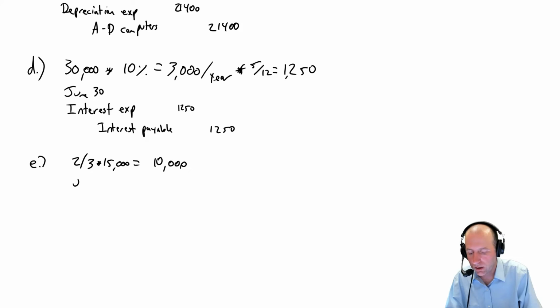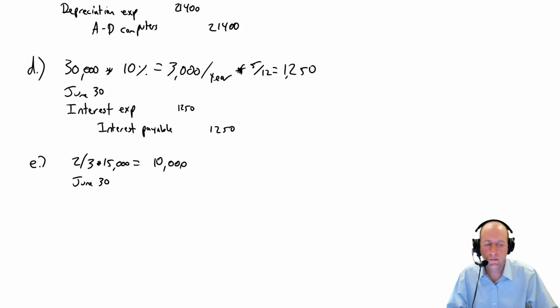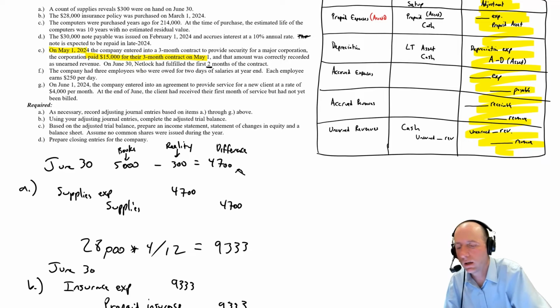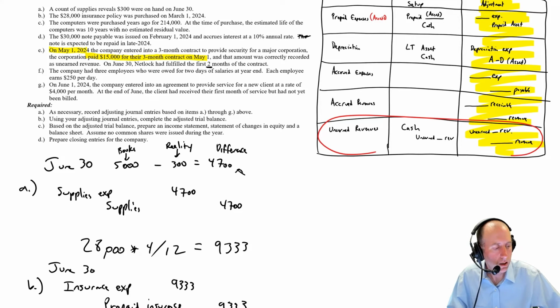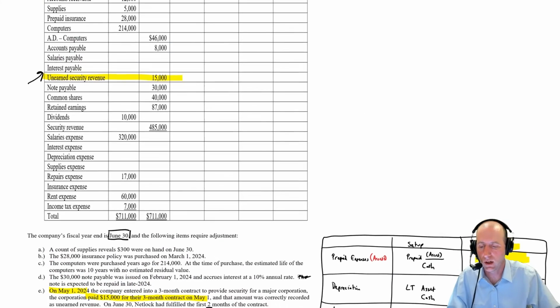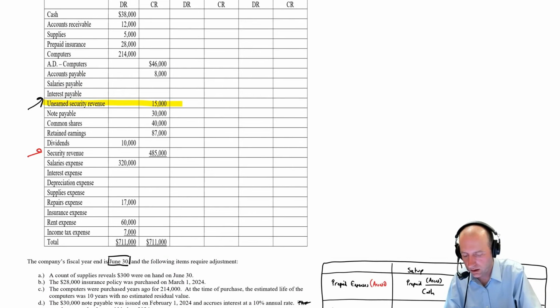So the journal entry for an unearned revenue, looking at our cheat sheet here, it's the bottom. Again, sometime in the past, we went debit cash, credit unearned security revenue. Now we debit unearned security revenue, and we credit security revenue. Just going to make sure we have an account called security revenue. We do. So let's do it.